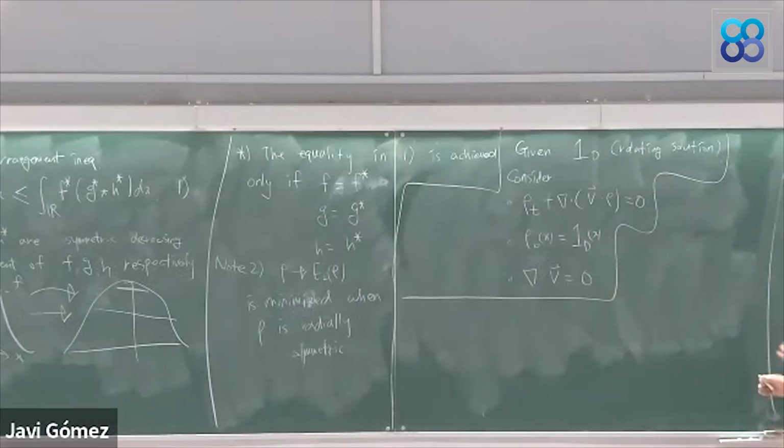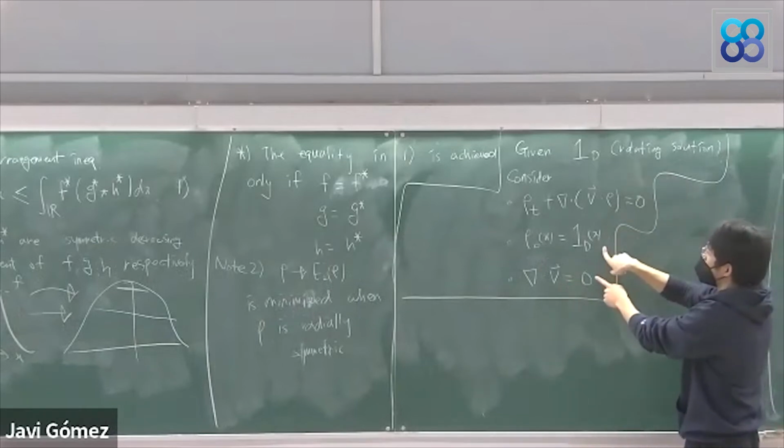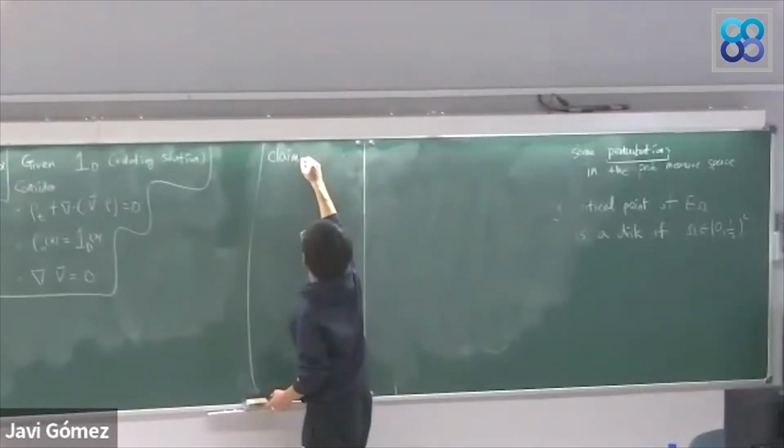So we are going to show that for any v, this rotating solution is a critical point to the functional that we defined. More precisely, we make the following claim.